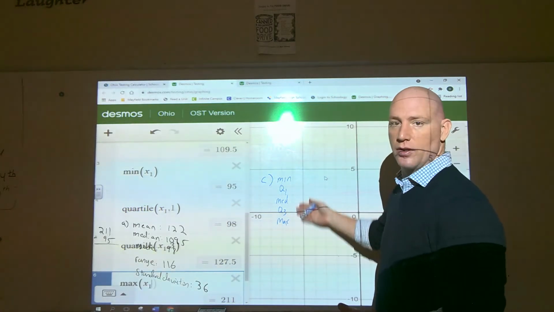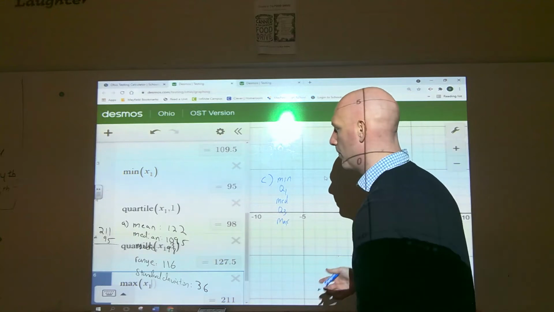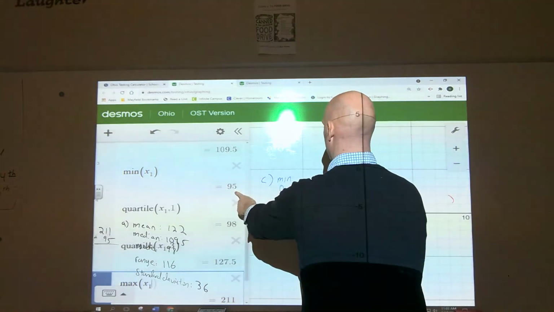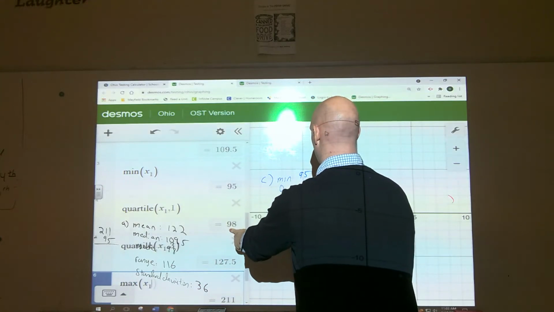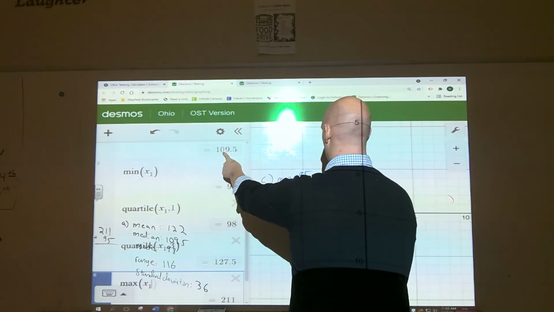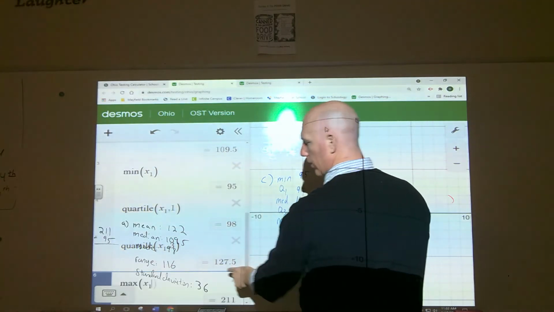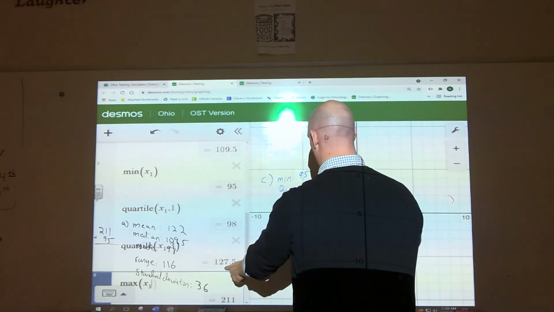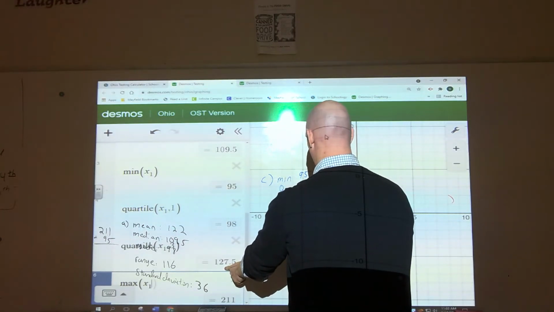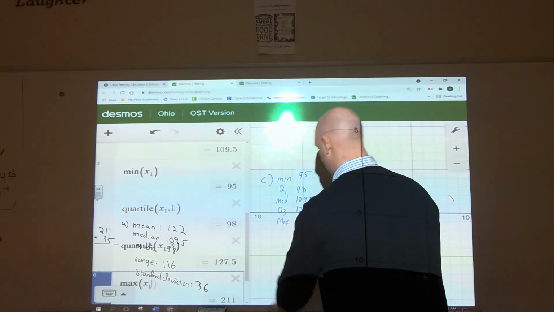I'm writing them in order so that way it'll be much easier for me to draw my box and whisker plot. My minimum was 95, my Q1, 98, my median was 109.5, my Q3 was this one, sorry I have all this stuff in the way, but I need to keep that, 127.5, and then my maximum was 211.